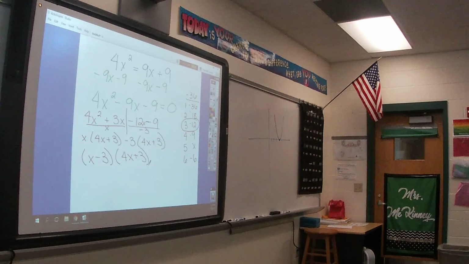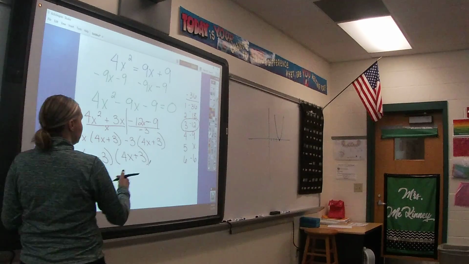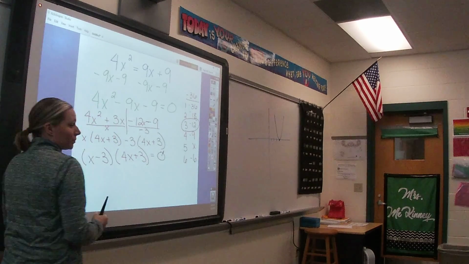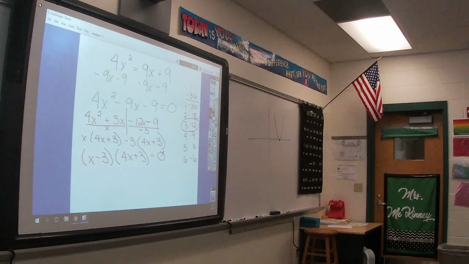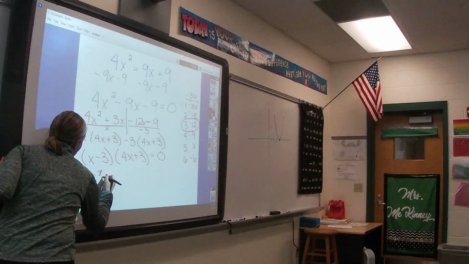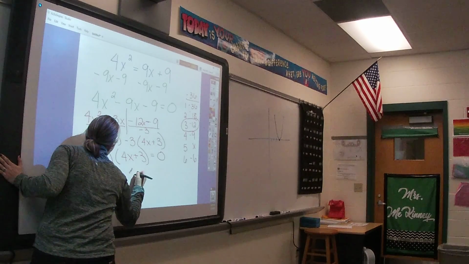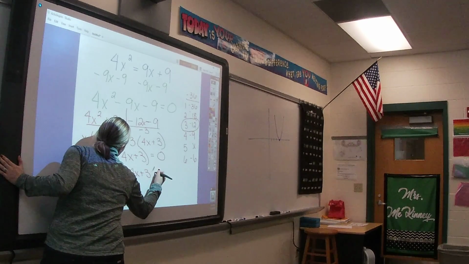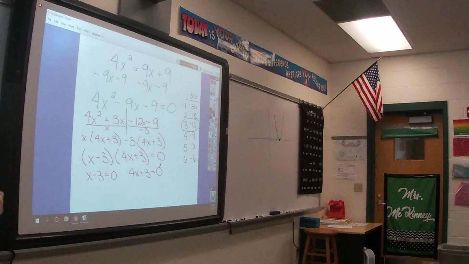But now we have to substitute it back into the equation. So what are we going to do with that? Set it to the side. Set them both equal to 0. Well, this is a rather lengthy process, huh?